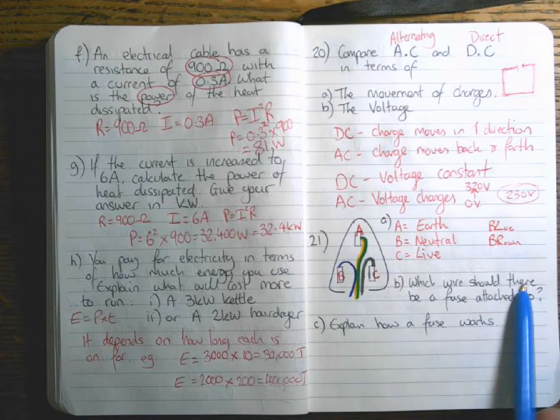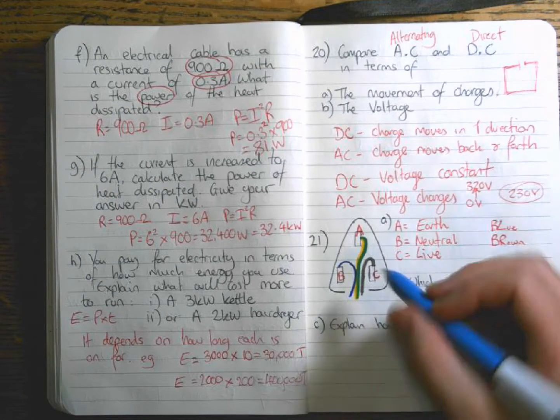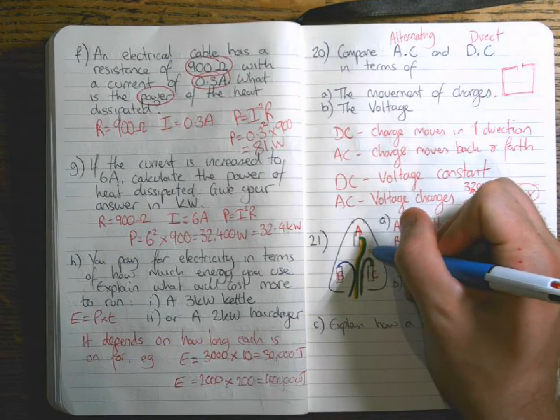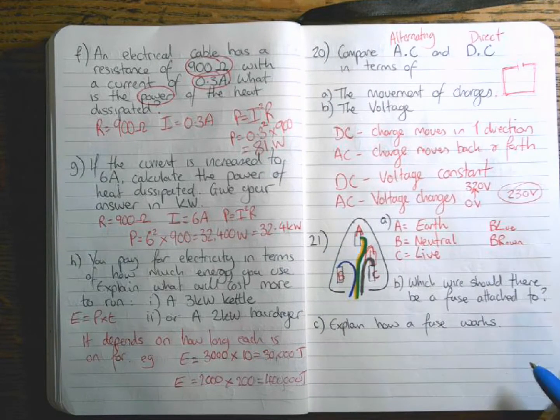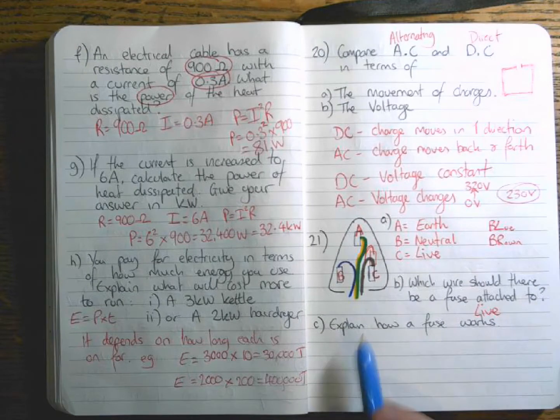Which wire should there be a fuse attached to? There should always be a fuse attached to the live wire before it actually gets to the plug. The fuse must always be attached to the live wire. Explain how a fuse works.